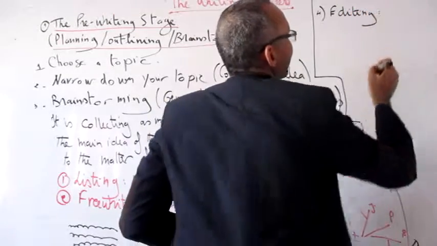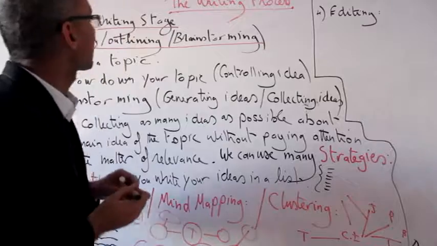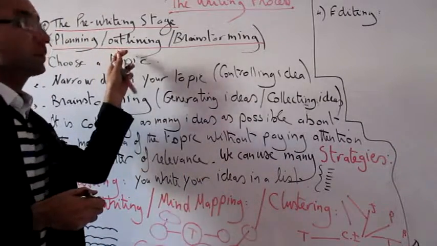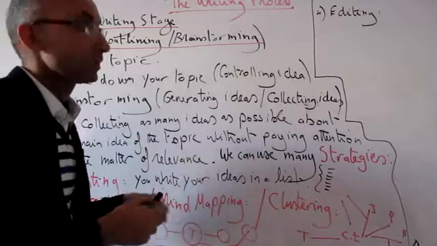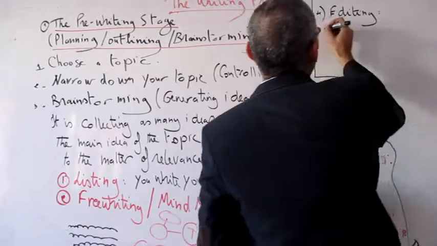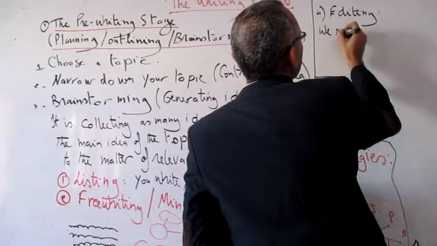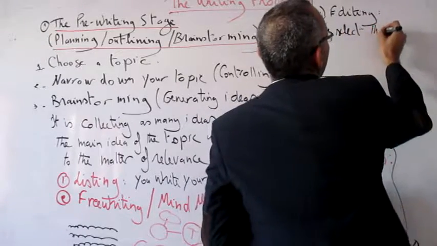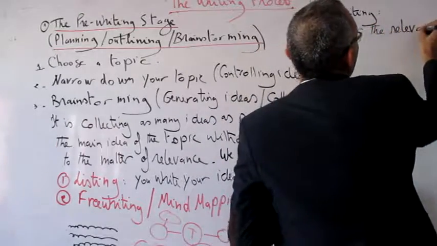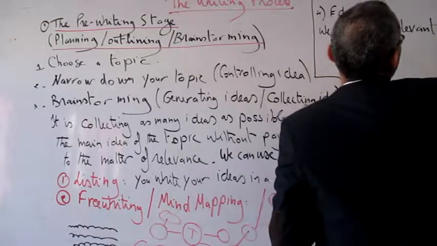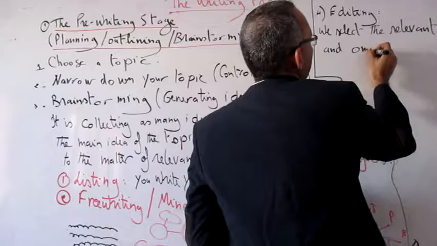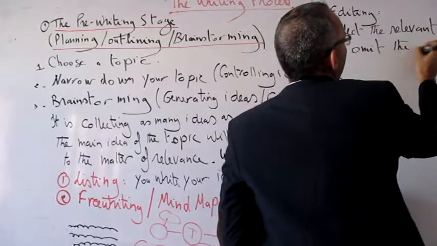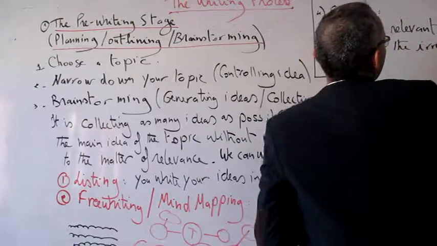Editing. Here, in the pre-writing stage, when we say editing, we mean we are working at the level of ideas only. It means we select the relevant ideas and omit the irrelevant ones.